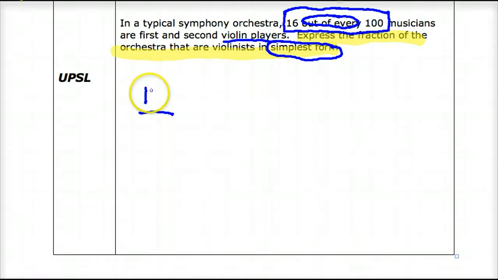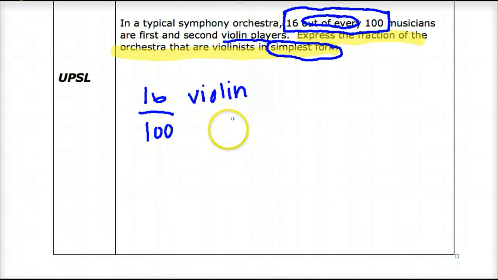And we know that 16 out of 100 are violin players. So we know that 16 and 100 are two even numbers, like we saw above, which means that they can be divided by 2.